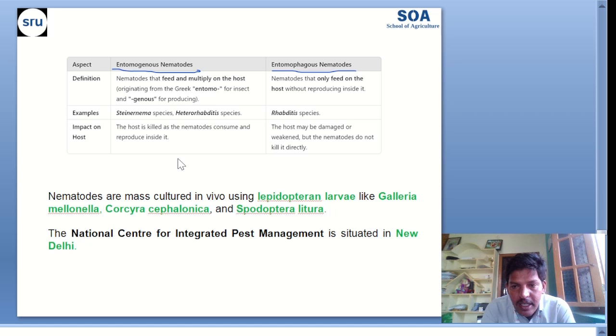They feed on the insect host, that's why we call them entomophagous, for example rhabditid species.